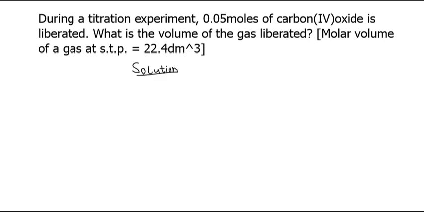So now the formula I'll be using here is moles equals to volume over amount at s.t.p. The amount at s.t.p here refers to the molar volume of the gas, and that's a constant which is always 22.4 dm cube.